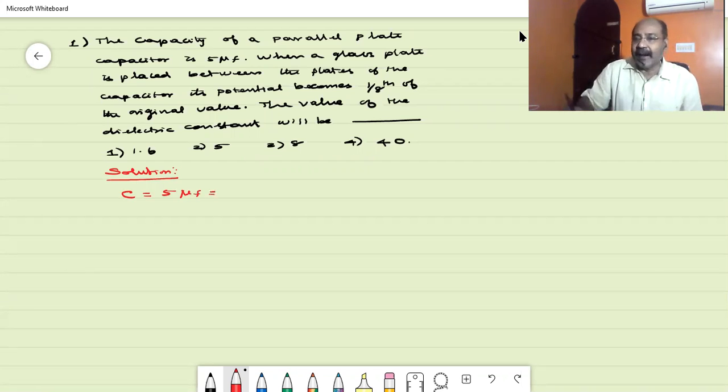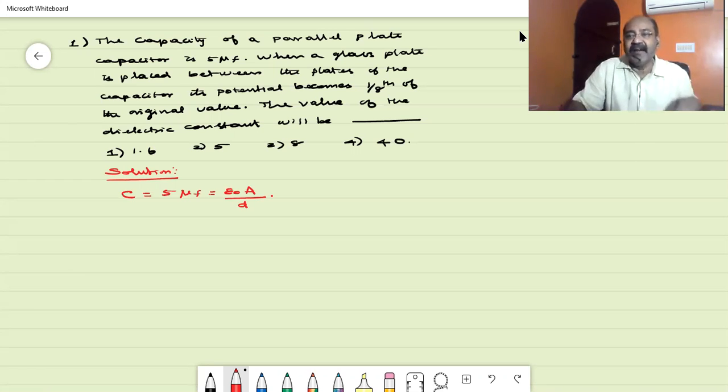In case of a parallel plate capacitor, the capacitance is given by the formula, if it is having air medium, epsilon 0 into A divided by D. Now, when a glass plate is introduced in between the plates, means a dielectric slab called glass is introduced, the potential decreases to 1 by 8 of its original value.